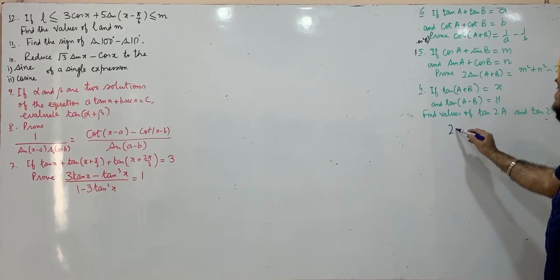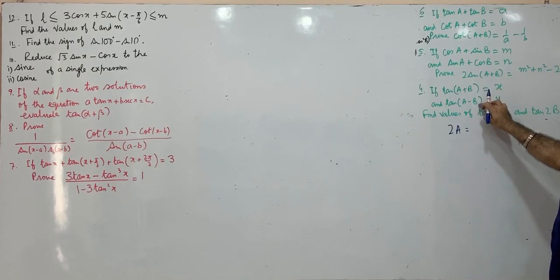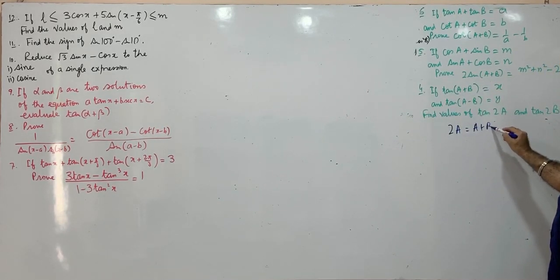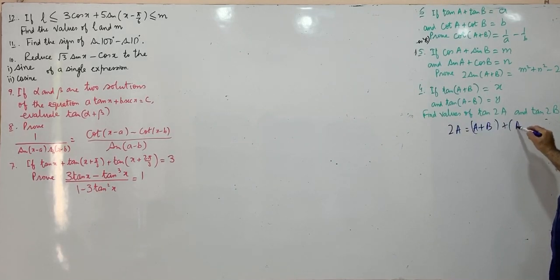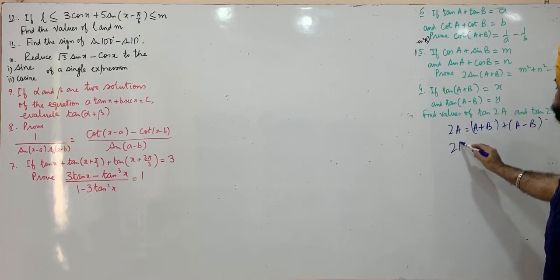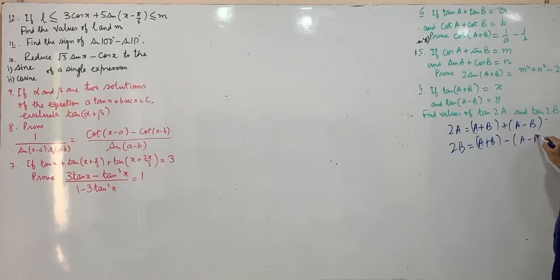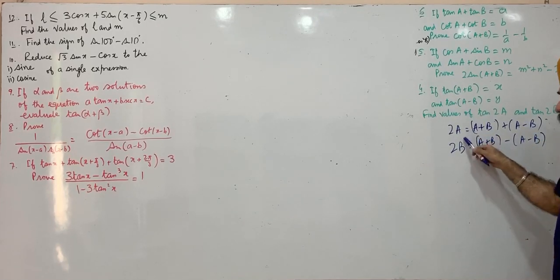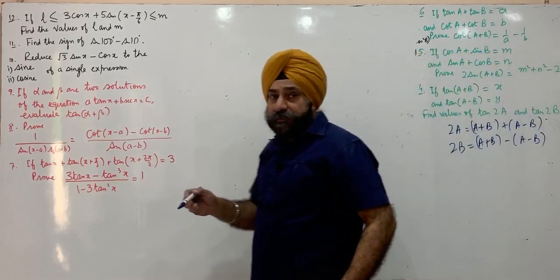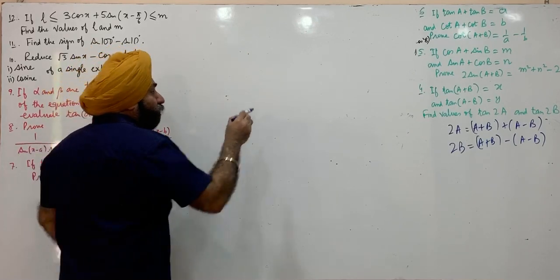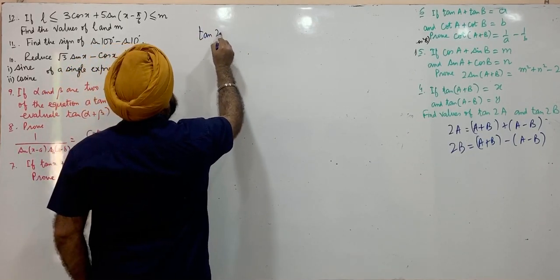So we can write 2a as this plus this. It's a plus b plus a minus b, and 2b is a plus b minus a minus b. So using constituent angles, we are able to write the compound angles. So we have to find the value of tan of 2a.